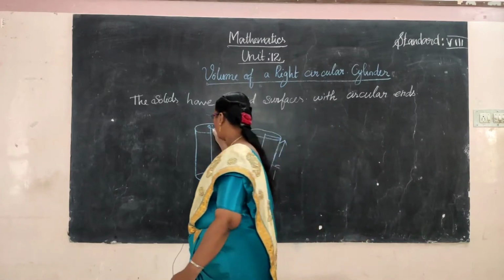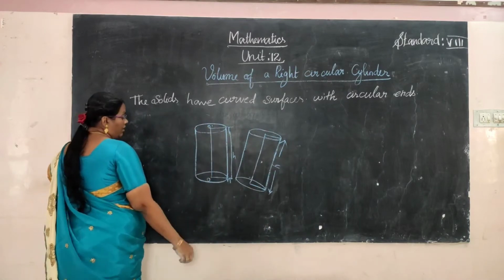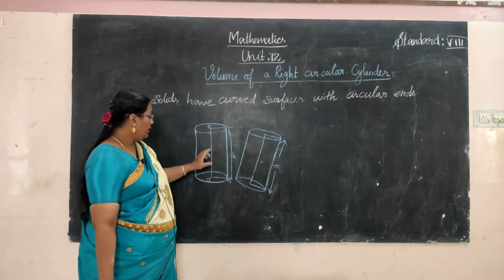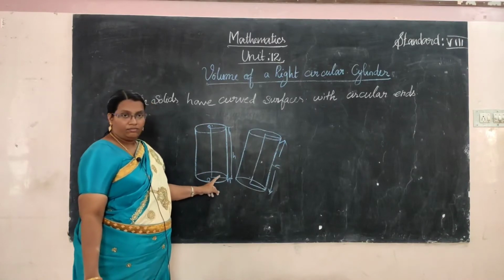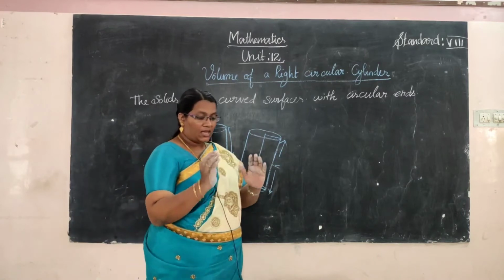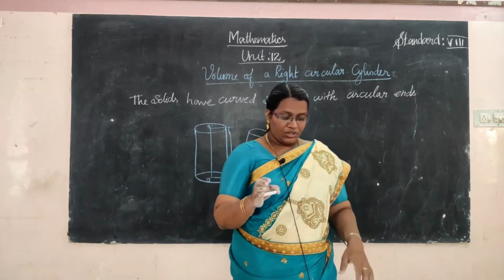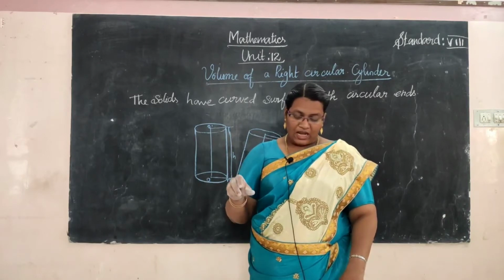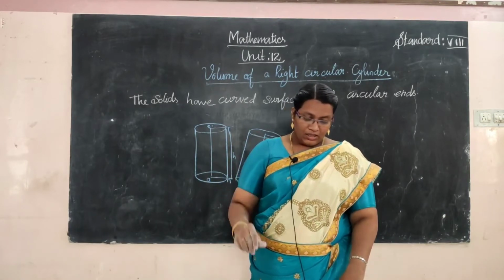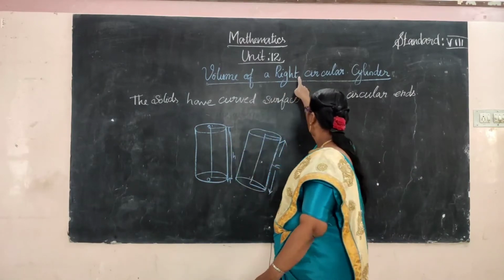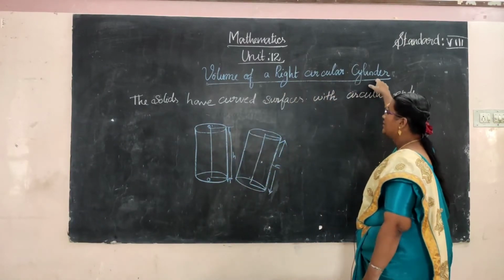The axis, the height, is perpendicular to the base. If the axis of the cylinder is perpendicular to the base, that is called the right circular cylinder.